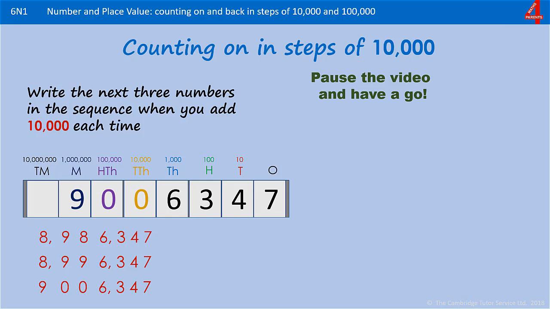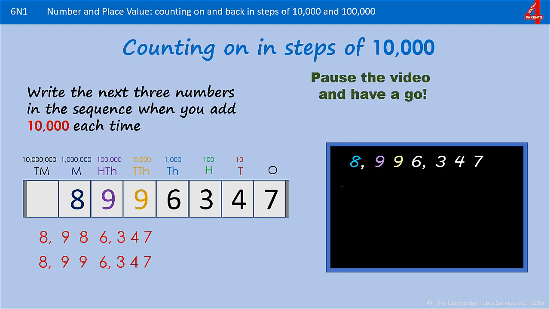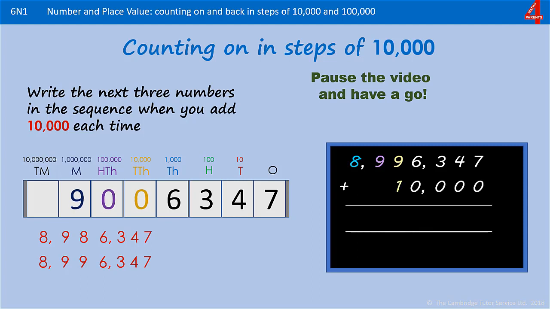9,006,347. If we look at that written down, so you can see why that happens, the 6,347, we're just adding zeros, so they stay the same. That 90,000, we're adding another 10,000, so we're adding 1 to that 9 digit, which brings it up to 10.